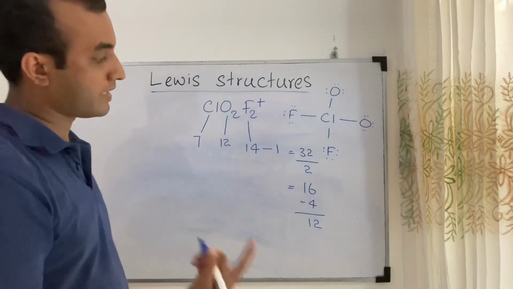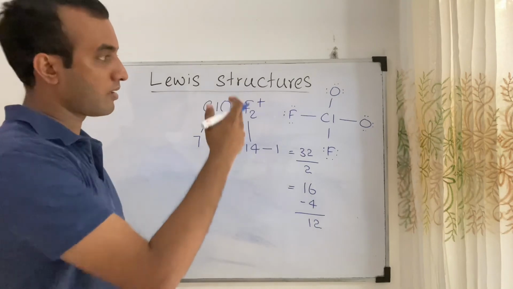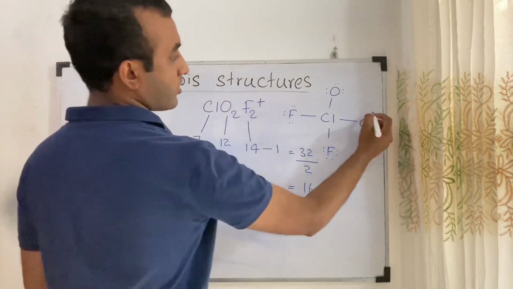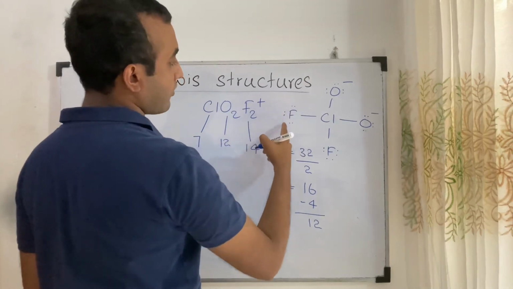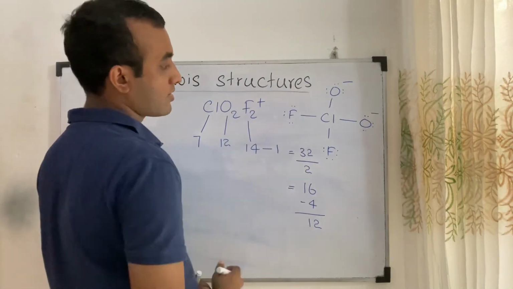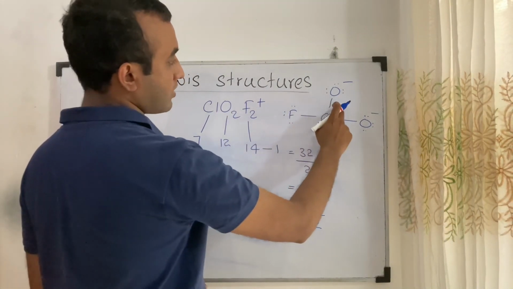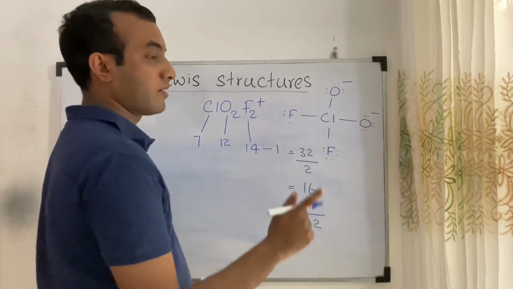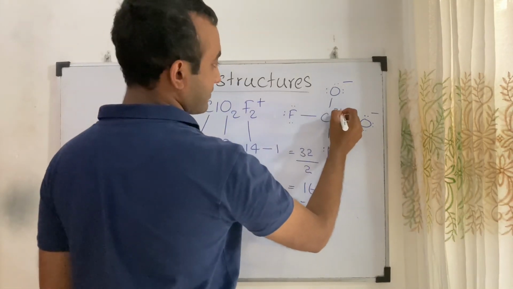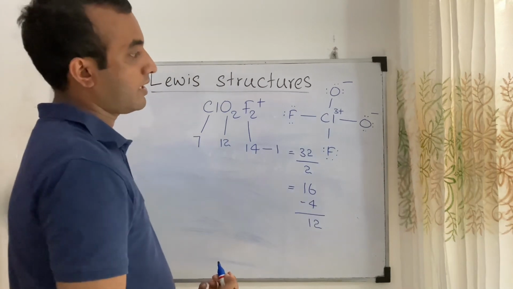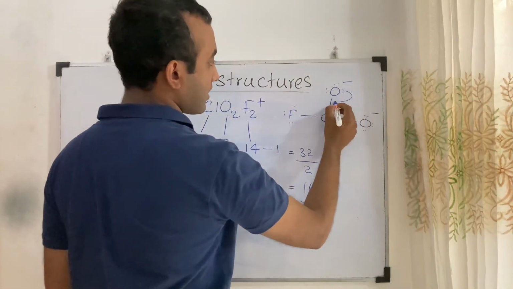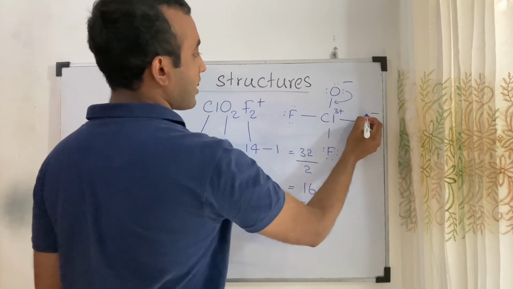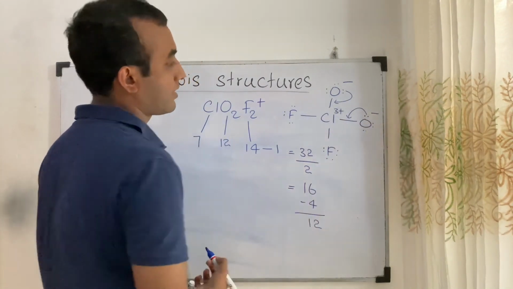Then the next step is to assign the charges. So here we get minus, here we get minus, here 1, 2, 3, 4, 5, 6, 7, no charge. Here 1, 2, 3, 4, we get plus 3. Then the next step is to minimize the charges. So we can make this a double bond, this a double bond.